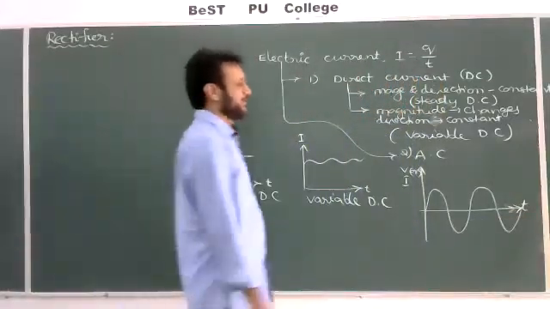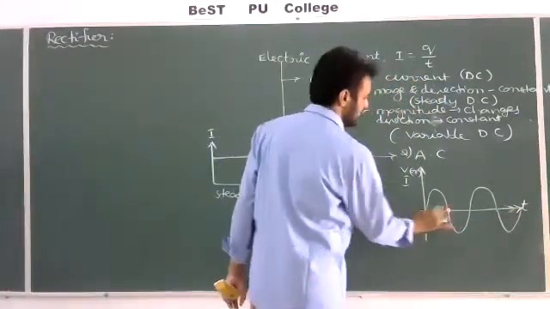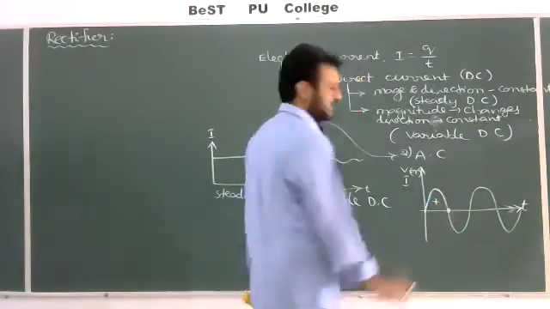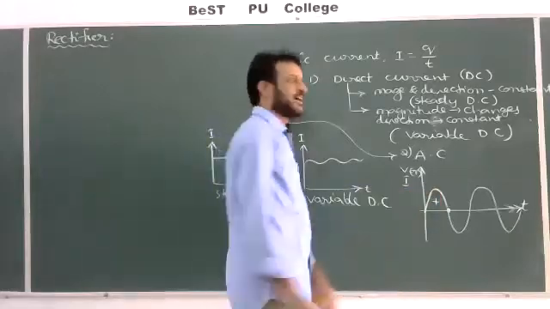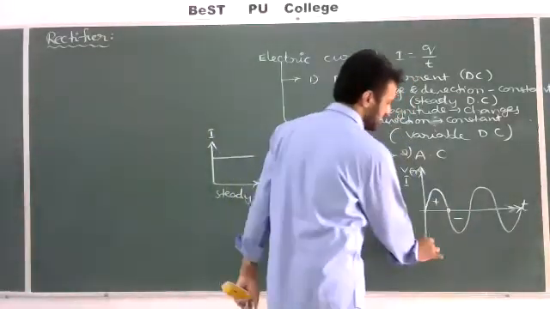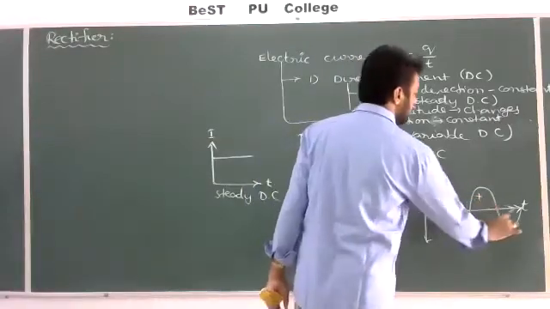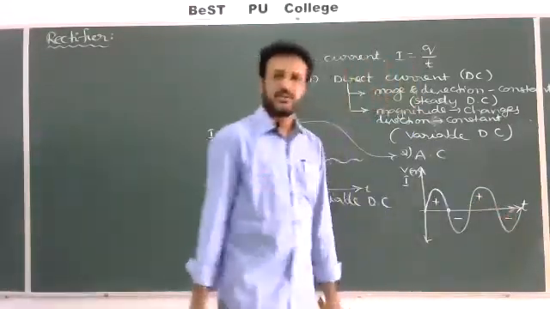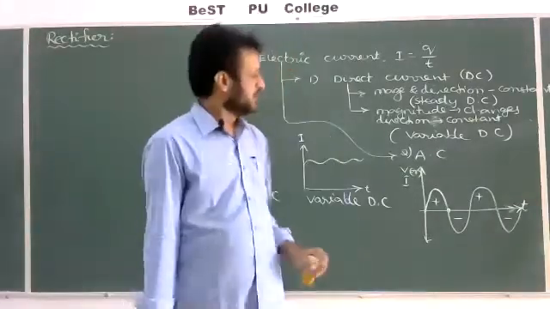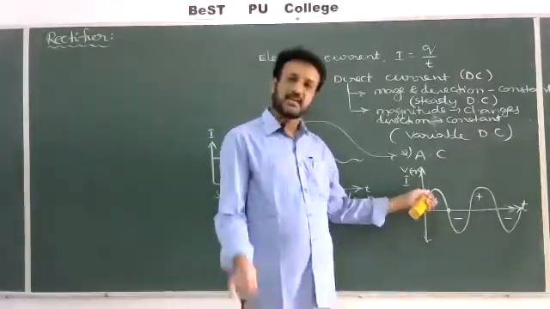In the first half of the cycle, the direction of the current will be towards the positive y-axis side. Immediately in the next half of the cycle it is towards the negative y-axis side. So minus, again plus, again minus, again plus. What we can observe here is a current in which magnitude changes continuously.